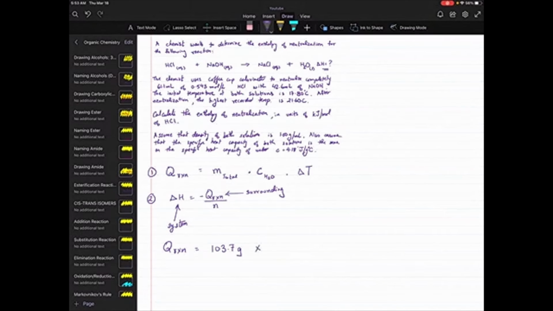The second piece of information we need is the specific heat capacity of water, which is 4.18 joules per gram degrees Celsius. And the last piece of information we need is the change in temperature, which is 21.6 minus 17.8.